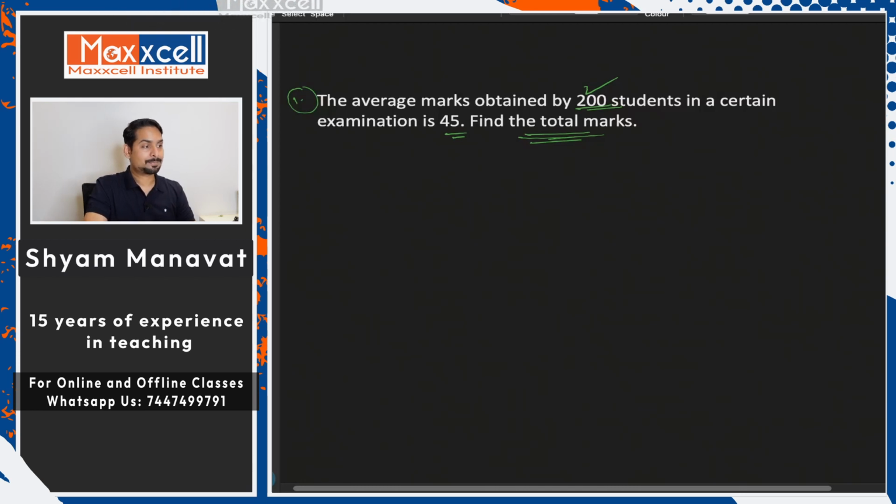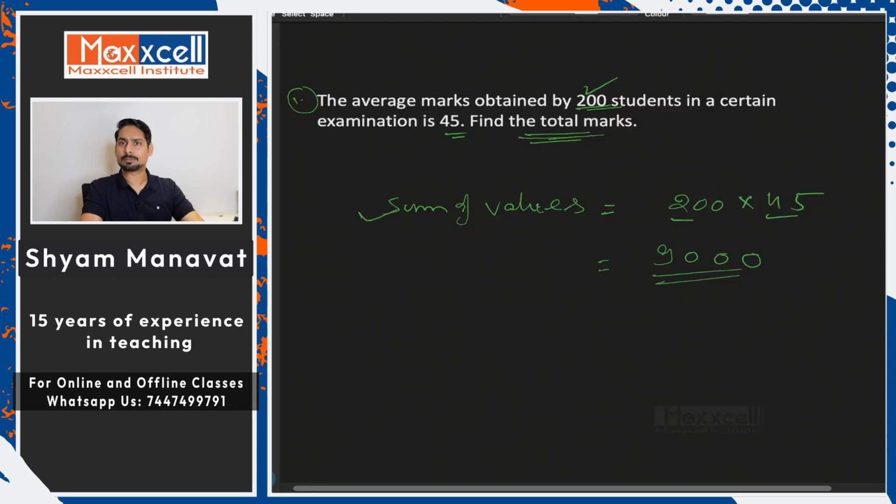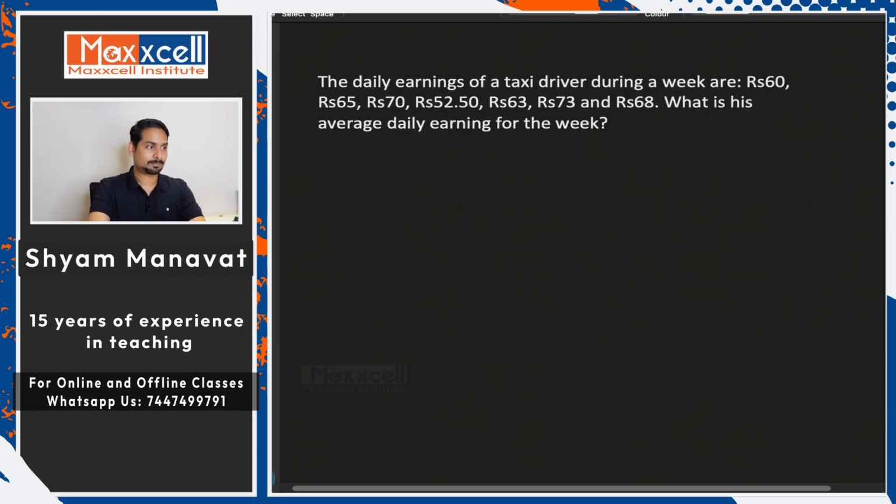Sum of values is average, 45, multiplied by the number of students, 200. So if you multiply 45 twos are 90 with 2 zeros, you get 9000. That is sum of values. Easy.